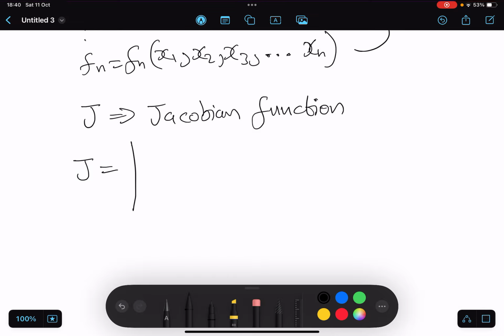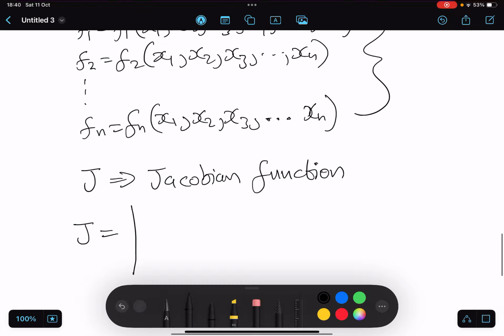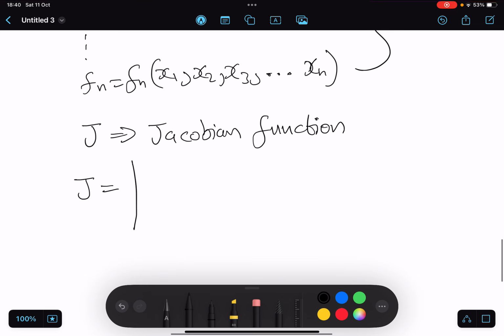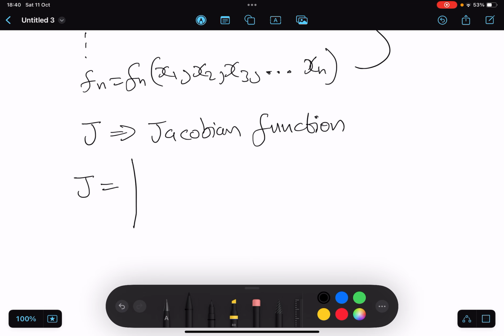So how are we going to do this one? This is how you do it. You are going to differentiate each of these functions with respect to x1, x2, x3. How do you represent this one?